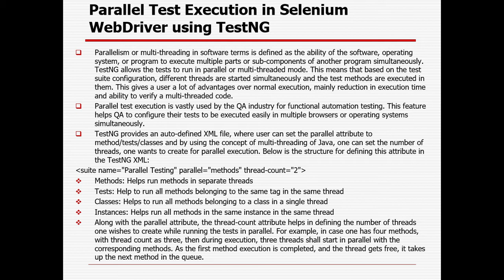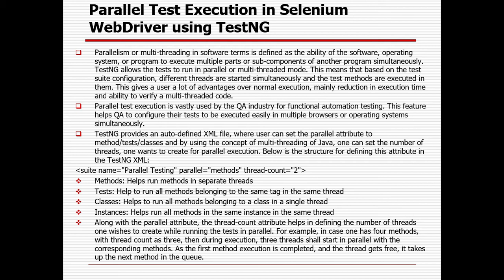But if you distribute among 5 different threads, each thread will take 2 test cases. So it will take only 10 divided by 5, that means 20% of the time if you use 5 different threads. That is how we can minimize the execution time, and obviously we can use multi-threading in the same mode.